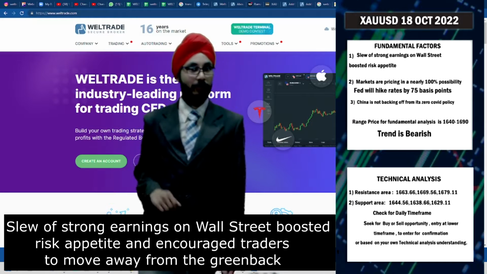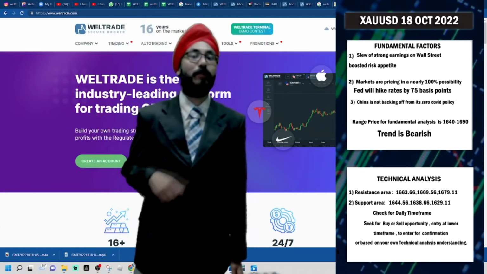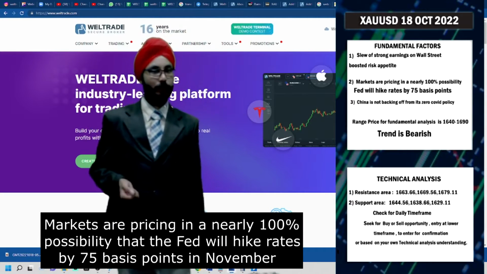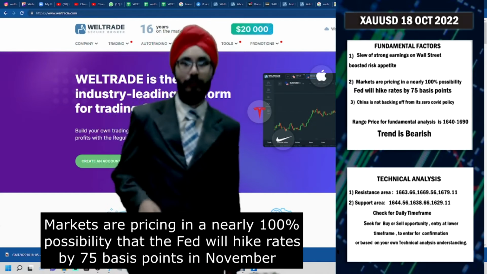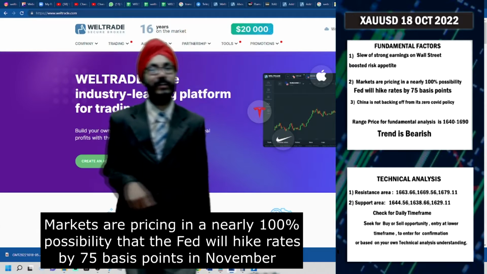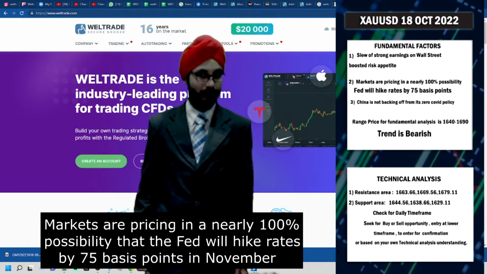The second fundamental factor that we can look into is that the market has a high probability, 100%, that the Fed is likely to increase the interest rate by up to 75 basis points in November.